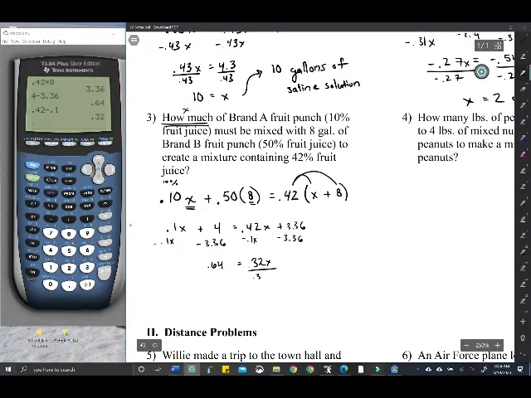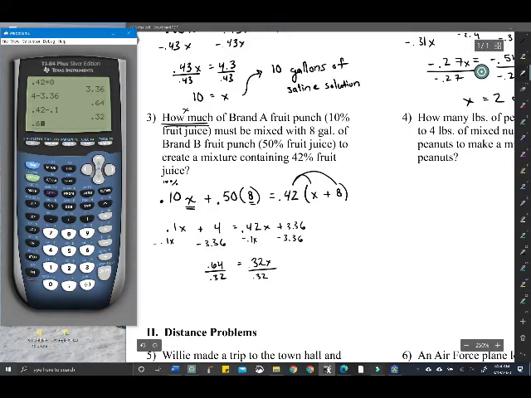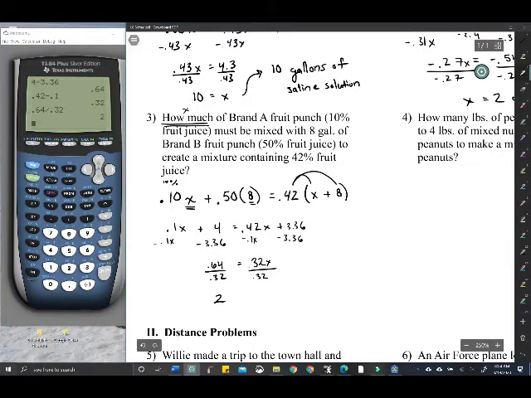Looking pretty good, because when we divide, we get a nice number. Now, in the real world, you may not get a perfect number like this, okay? So 2 is equal to x, or 2 gallons of juice A. But for these problems, I know they're new, I know they're challenging, and I know that whole number can make you feel good. So 2 gallons of our fruit punch.